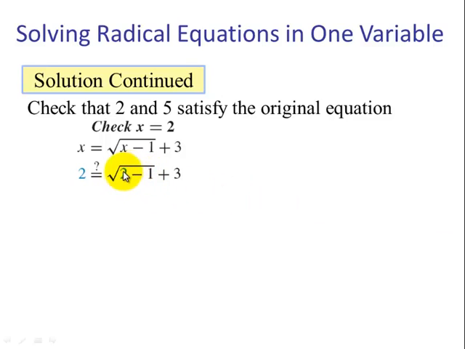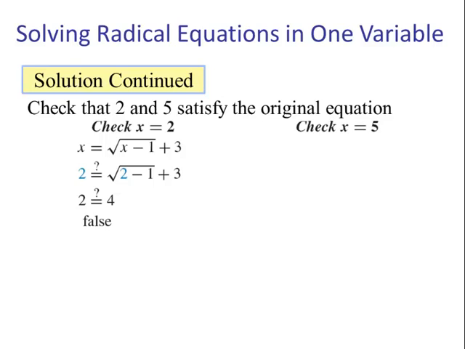Following the order of operations, we subtract, then we take the square root, then we add for the right-hand side, and we get square root of 1, which is 1, plus 3, which is 4. So the left-hand side and the right-hand side do not equal. This is a false statement. Therefore, 2 is not a solution.